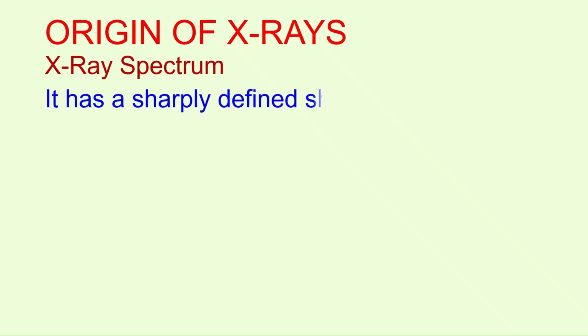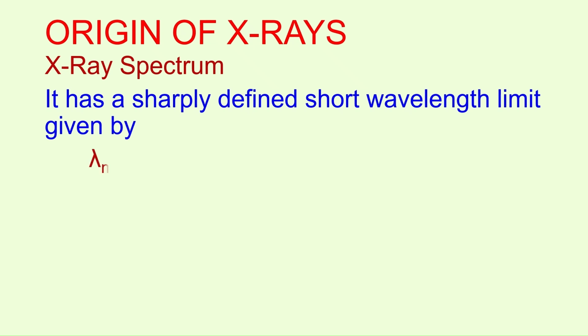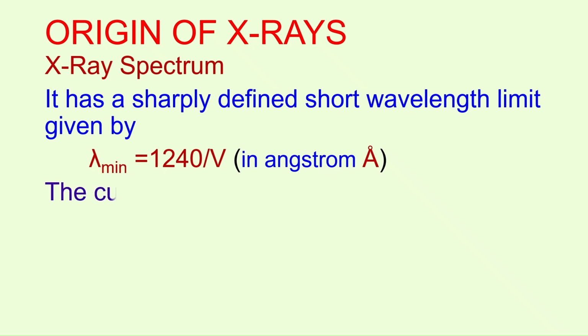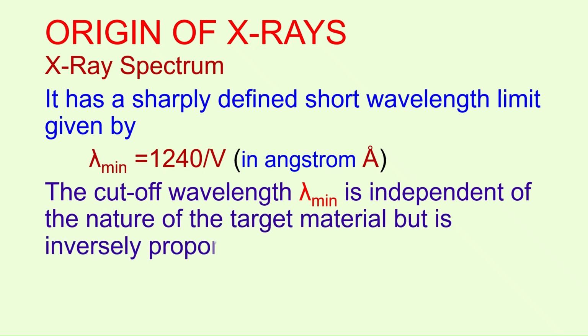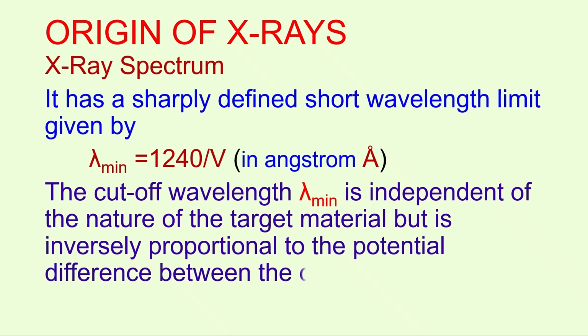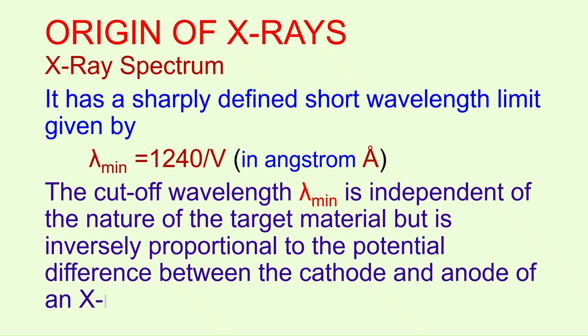X-ray spectrum. It has a sharply defined short wavelength limit, given by lambda minimum equals 1240 divided by the number of volts, in angstroms. The cutoff wavelength, lambda minimum, is independent of the nature of the target material, but is inversely proportional to the potential difference between the cathode and anode of an X-ray tube.